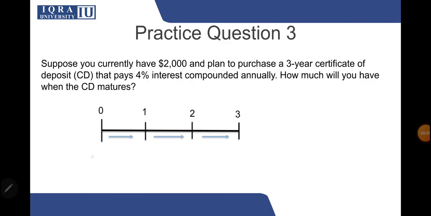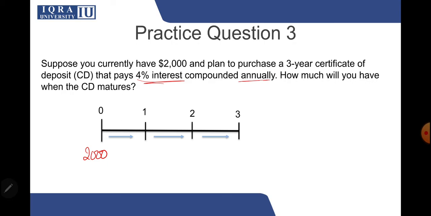So currently you have 2,000 and you plan to purchase a 3-year certificate of deposit. So you will deposit these 2,000, and in exchange you will get a certificate that will pay an interest of 4% compounded annually. It's the same as depositing money in a bank account, but it is in the form of a certificate.